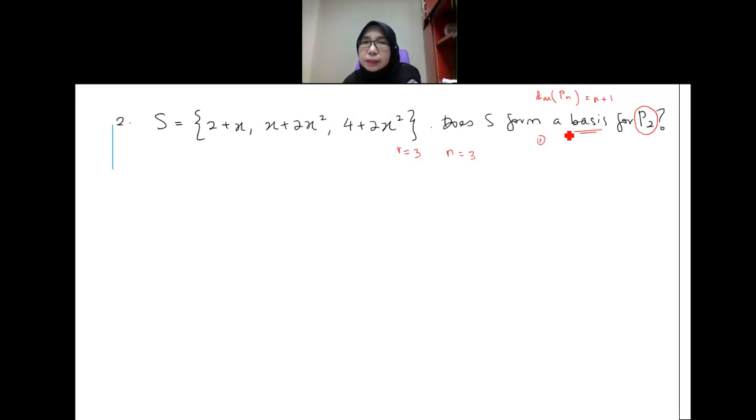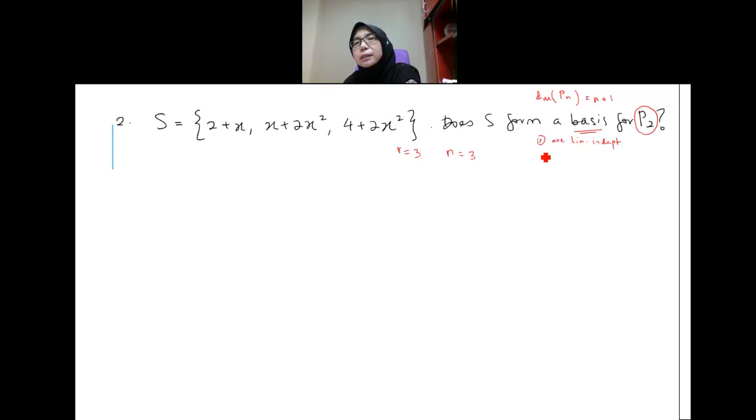Linearly independent. All the vectors in set S must be linearly independent. I'm saying about all vectors, so focus on all vectors in set S. All vectors are linearly independent.